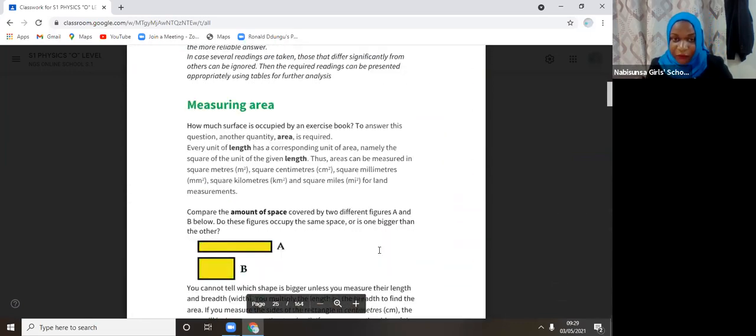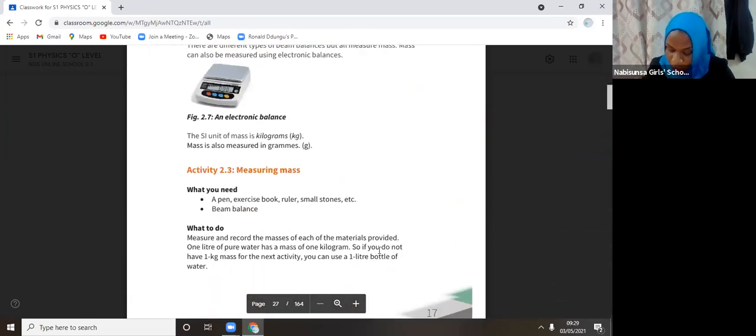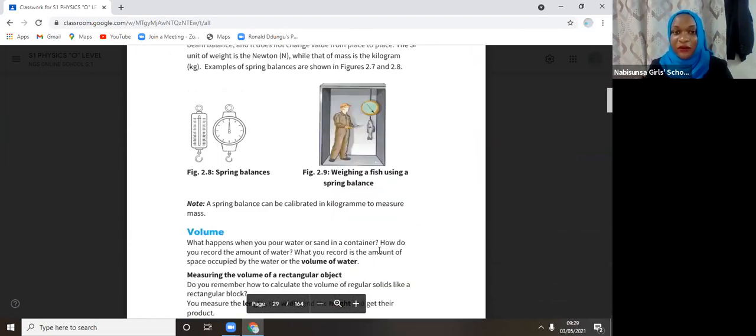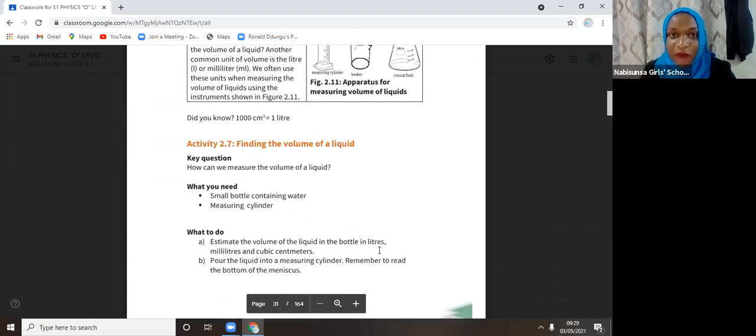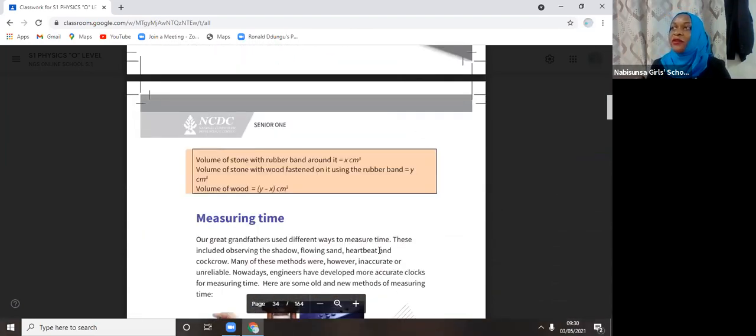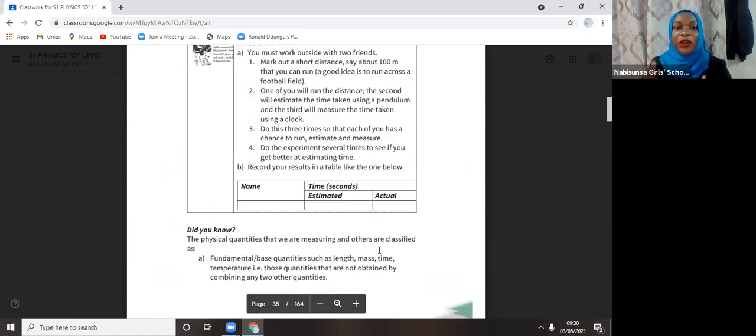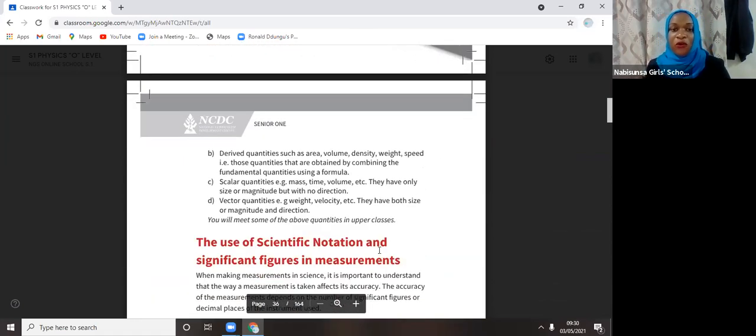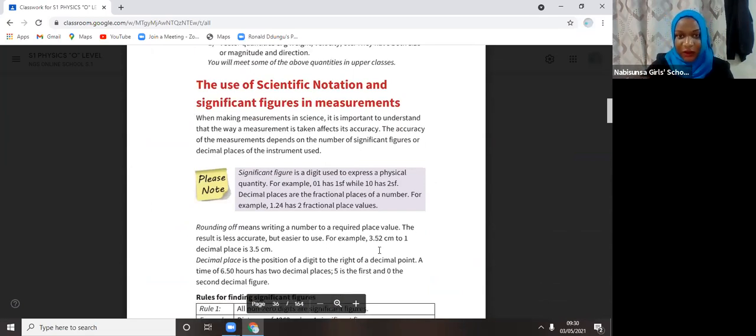Okay, so we have rule 1. Rule 1 is saying all non-zero digits are significant. When we say non-zero, that means it should not be a 0. So any digit that is not a 0, you count it as a significant figure.